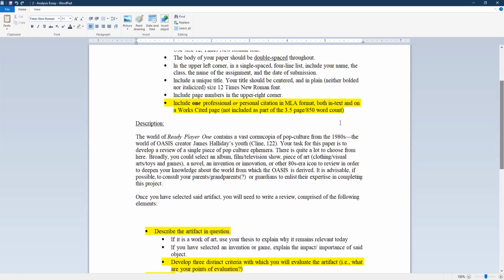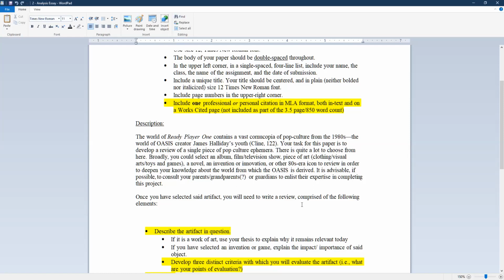Okay. So for this particular essay, as it says here, the world of our novel, Ready Player One, contains a vast cornucopia of popular culture from the 1980s, the world of the Oasis creator James Halliday's youth. Your task for this paper is to develop a review of a single piece of pop culture. There's a lot to choose from here.